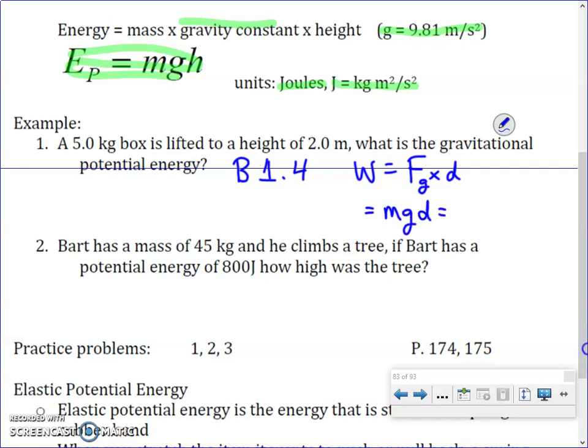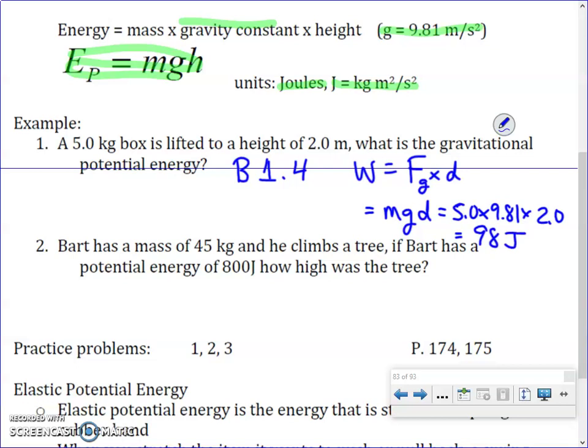Now I did this before, right, in a previous lesson. So you can do it this way, where you have 5.0 kilograms times 9.81 times 2.0. So a quick calculation here. Gives me 98.1 or 98 to 2 significant digits joules.